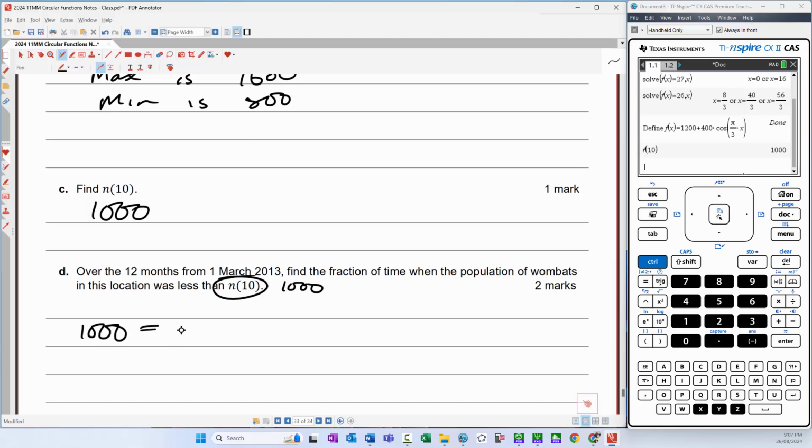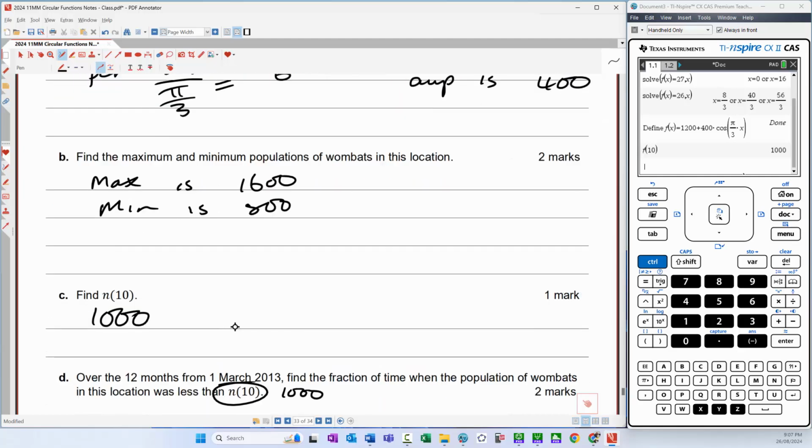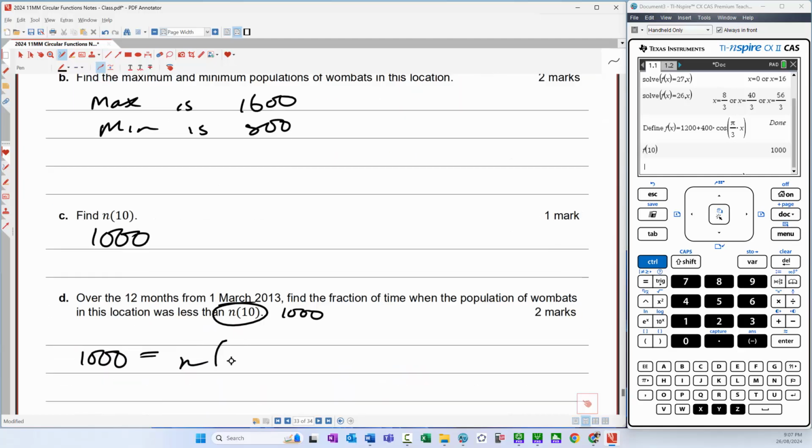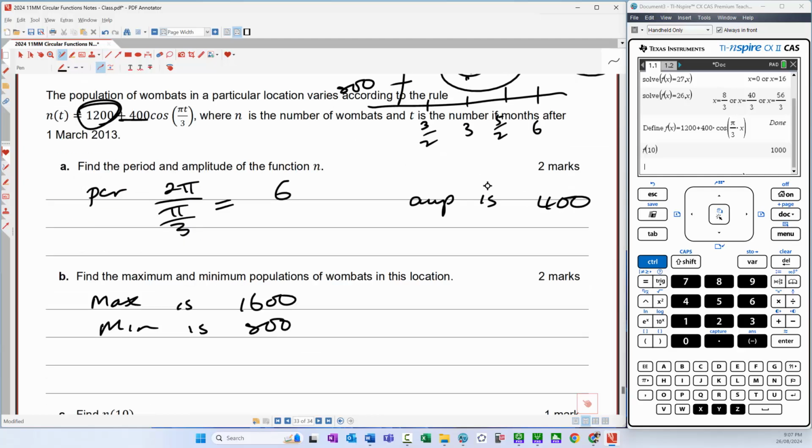Okay, so for the 2 marks, we're going to say 1,000 equals n of t, where t is an element, so we'll just tell it where to search, between 0 and 6.